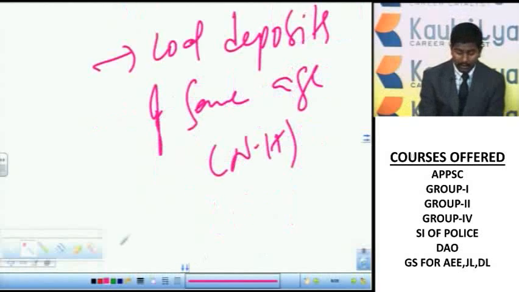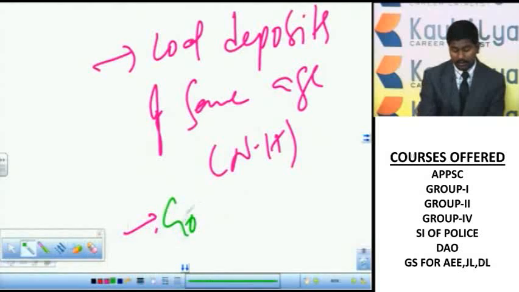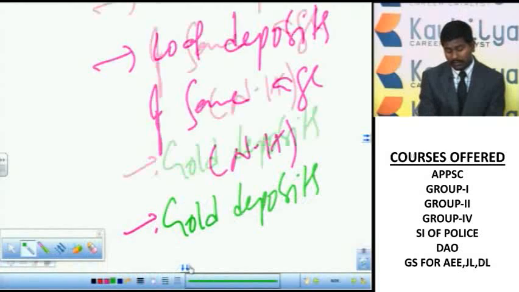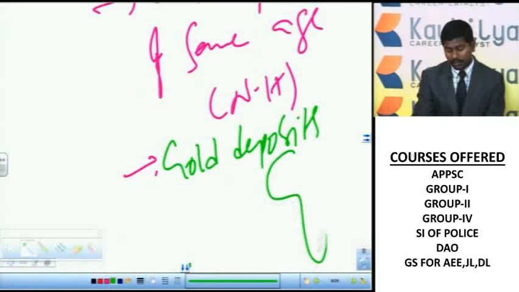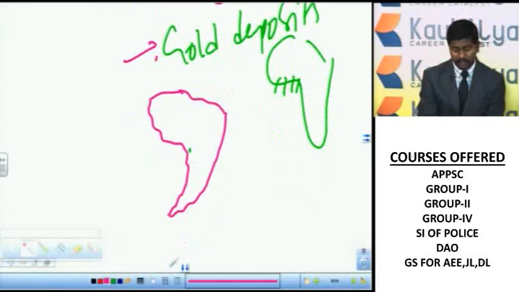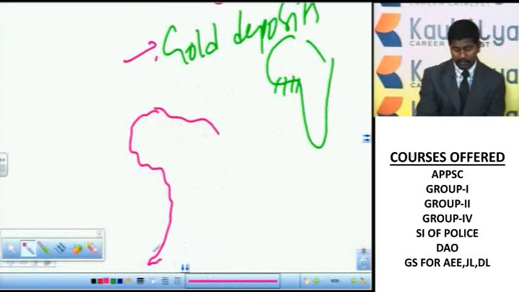Then the fourth evidence is the gold deposits. Along the west coast of Africa, there are gold deposits today. There is the Gold Coast, but the same type of gold-bearing veins exist along the east part of South America, in the Brazilian part.